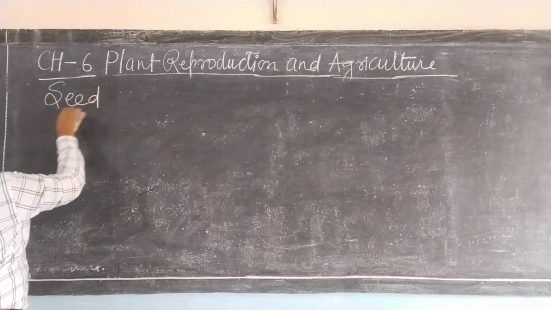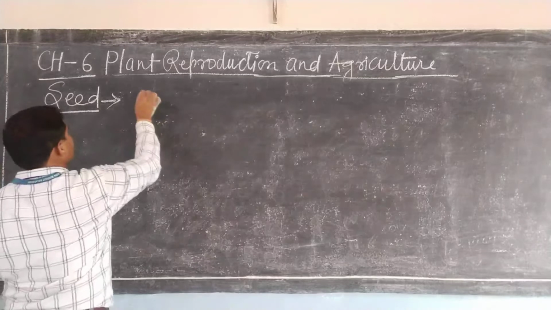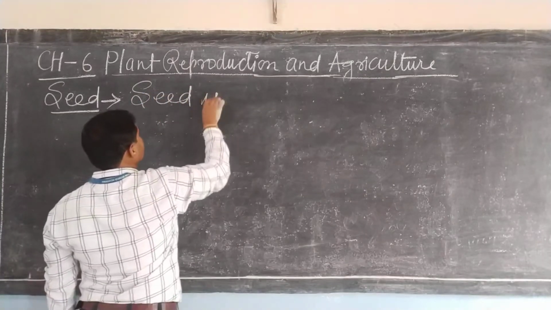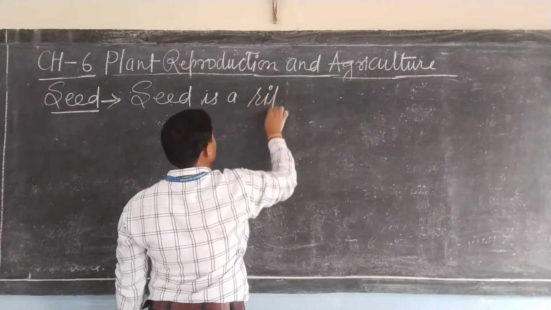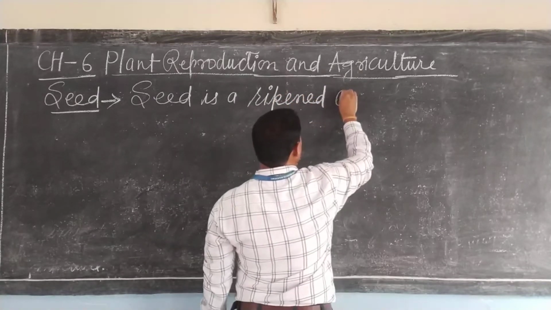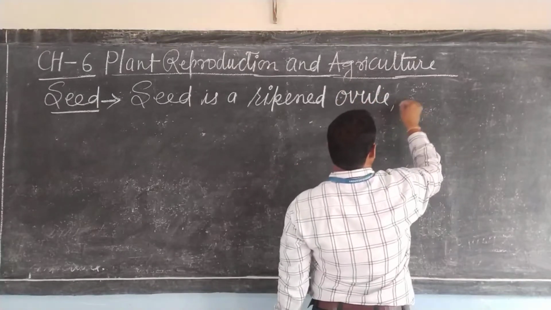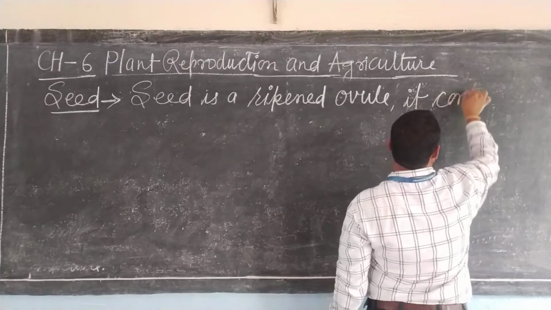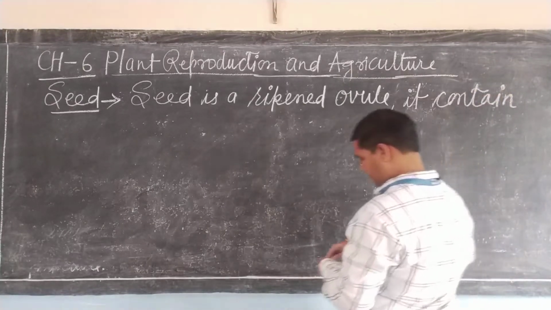How can we define seed? Seed is a ripened ovule. It contains an embryo.